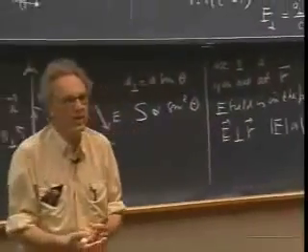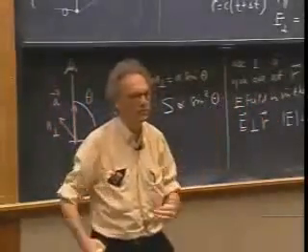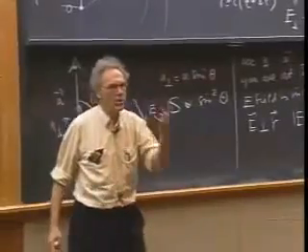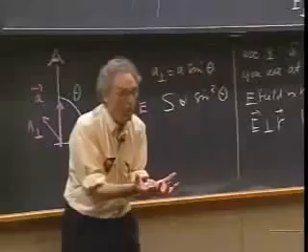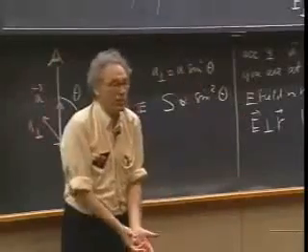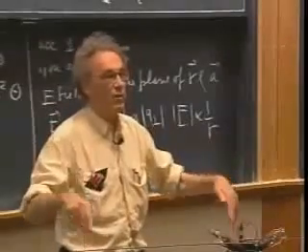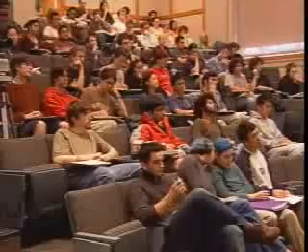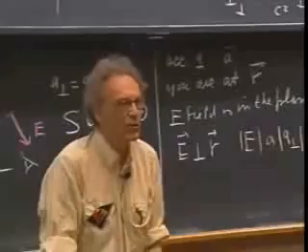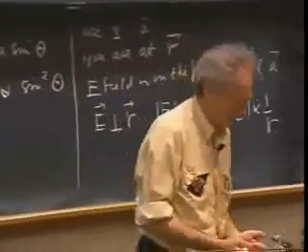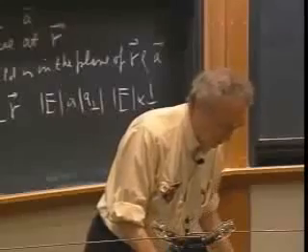But if you double the radius, the surface area of that sphere goes up by a factor of 4. So the only way that energy can be conserved, that the same energy flows through a small sphere as flows through a large sphere, is that the electric field goes down by a factor of 2, so that the Poynting vector goes down by a factor of 4. So the surface area increases by a factor of 4, but the Poynting vector goes down by a factor of 4 because E goes down by a factor of 2.